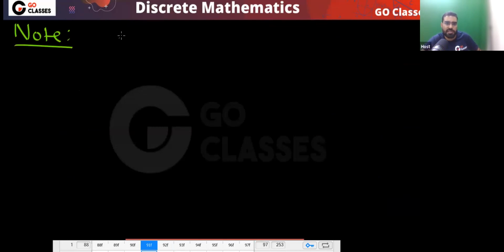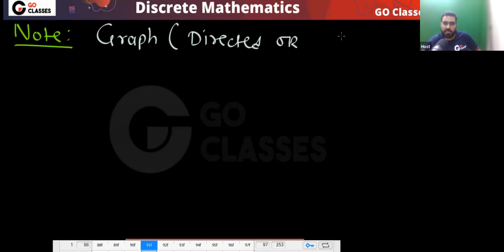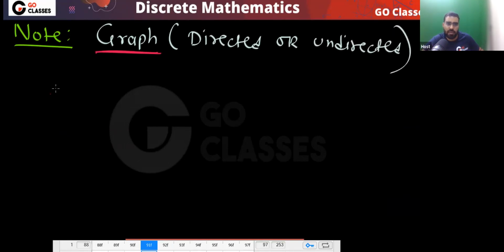What is the result? Whatever graph you take, this graph can be directed or undirected. In any graph, directed or undirected, there is an adjacency matrix.